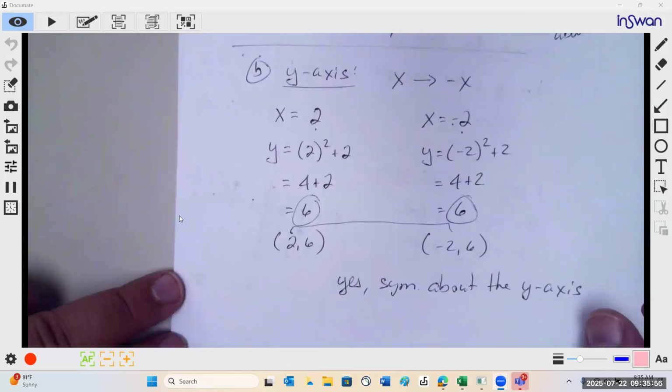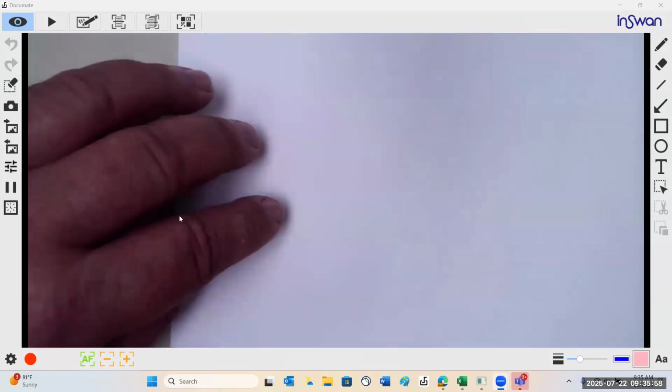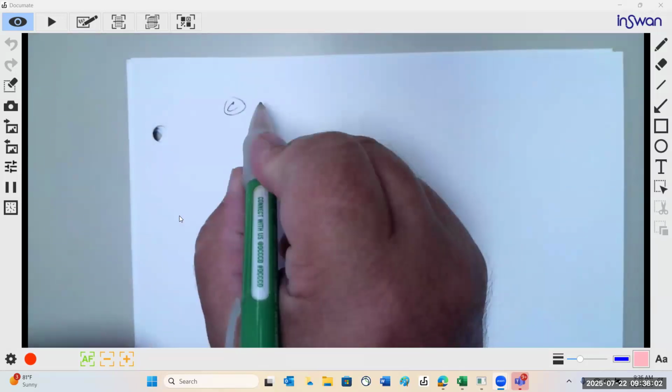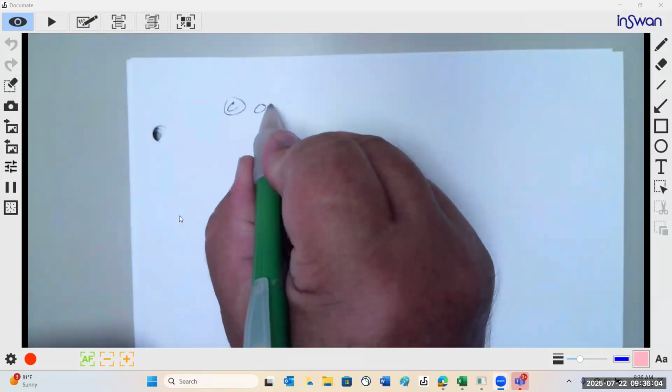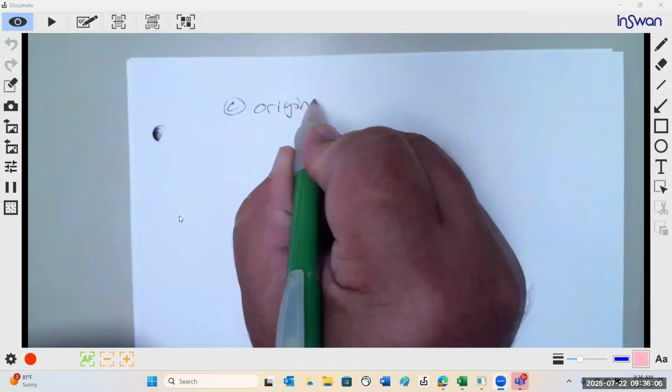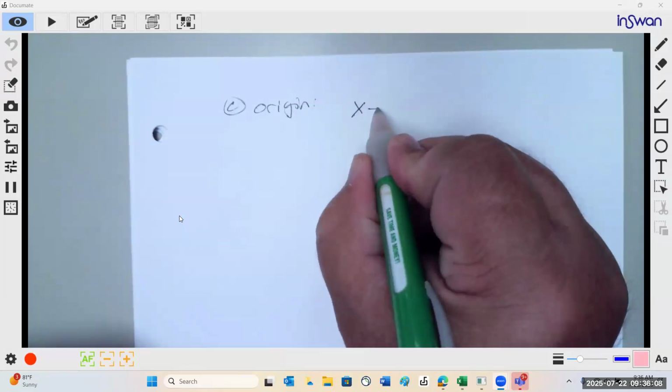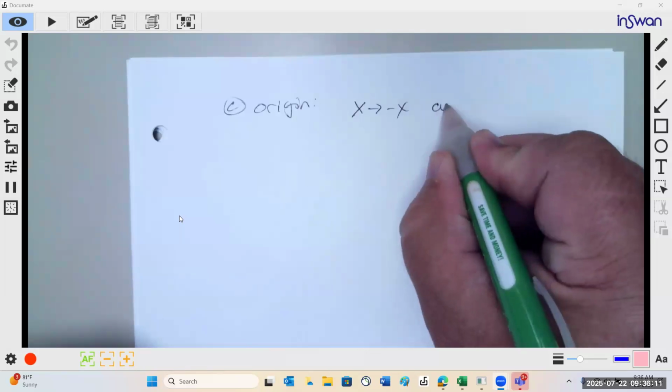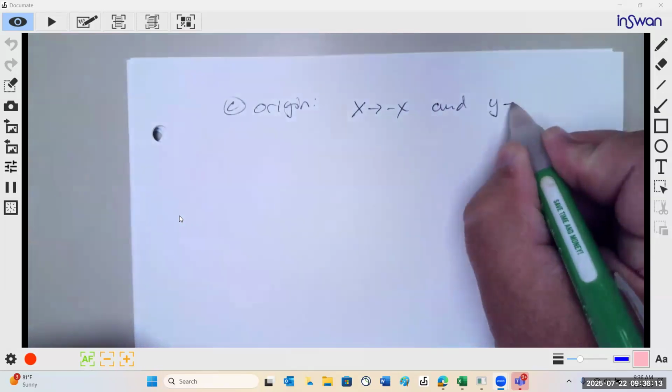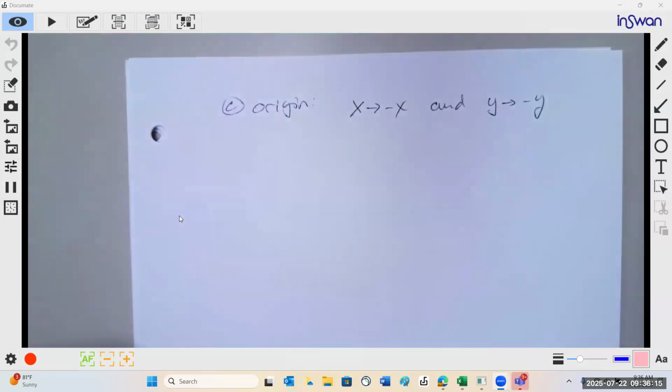How do we test for origin? I change x to -x and y to -y. I should get the same answers.